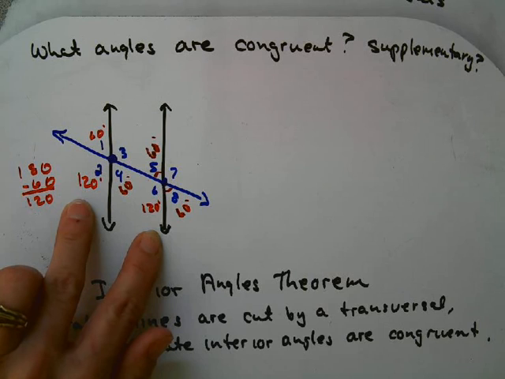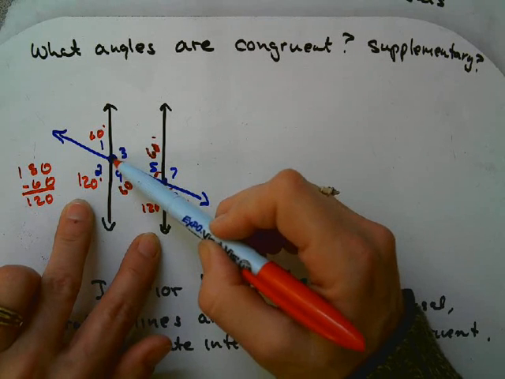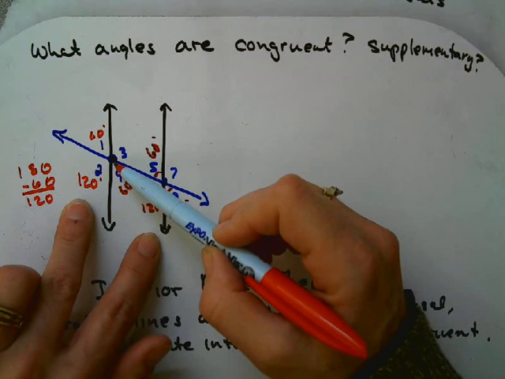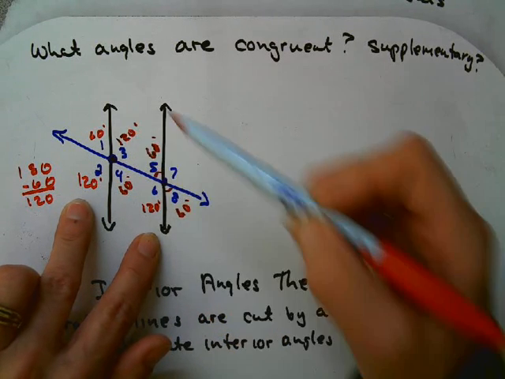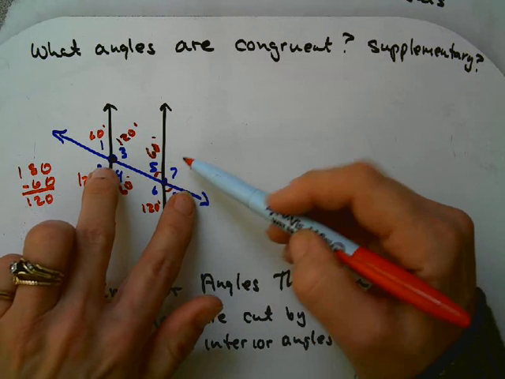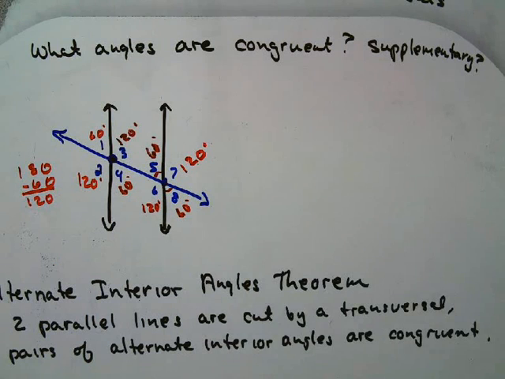And angle 3 must be 120 by the vertical angle theorem. Notice it shares a vertex but not a side with angle 2, so it's also 120. And angle 7 is also 120, since it corresponds with angle 3. Also, it's vertical angles with angle 6.